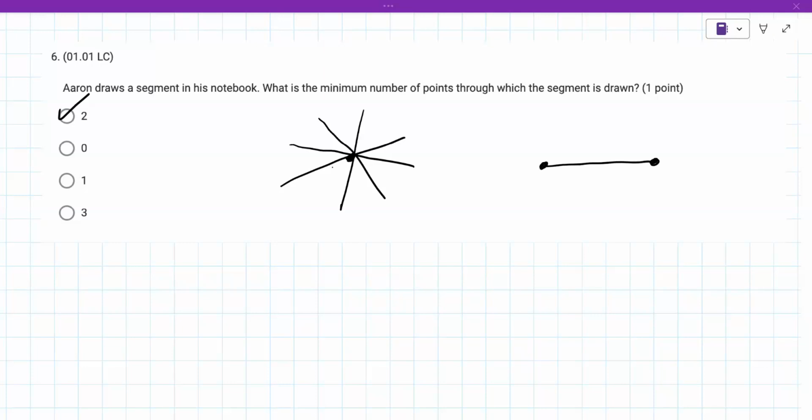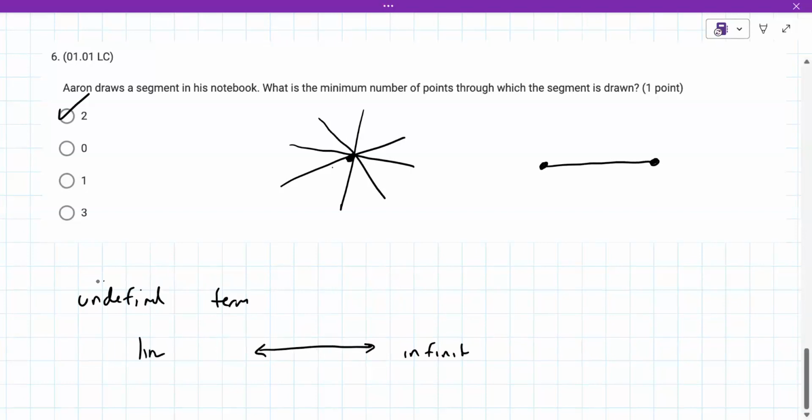Also, what does an undefined term mean in geometry? Let's talk about what is undefined. A line is undefined, and the reason is it can go on infinitely in any direction. It goes on forever and ever.